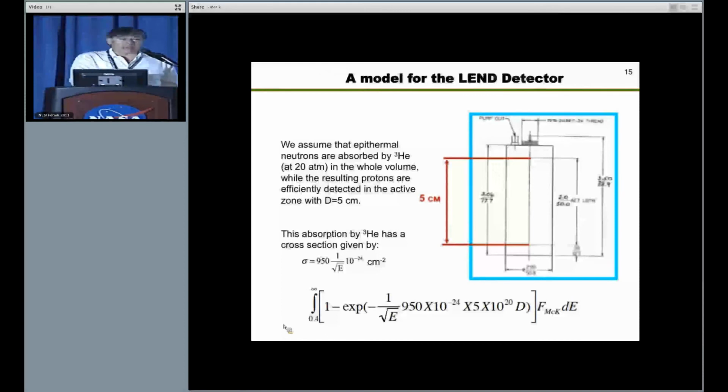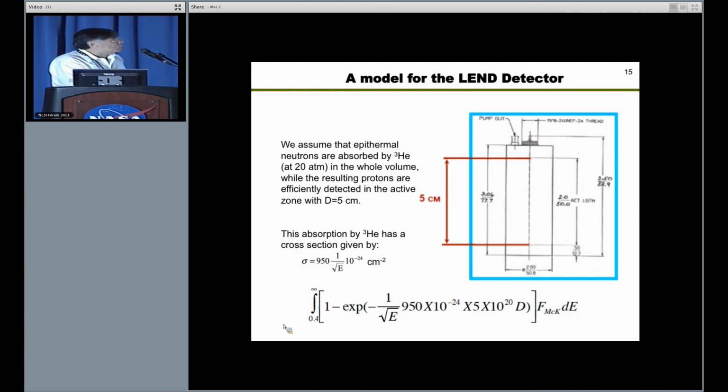The next thing we did was actually model the processes in the detectors. What is needed is the cross-section of helium-3. The efficiency of detecting neutrons is given by this. You can see it is also energy dependent. Also, it's a length of 5 centimeters, with 20 atmospheres of helium-3 in the detectors.